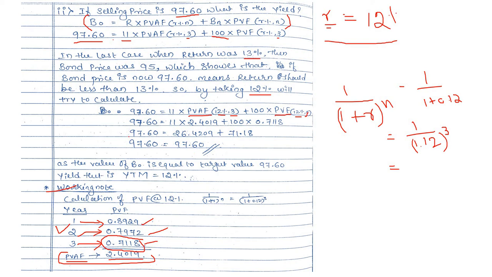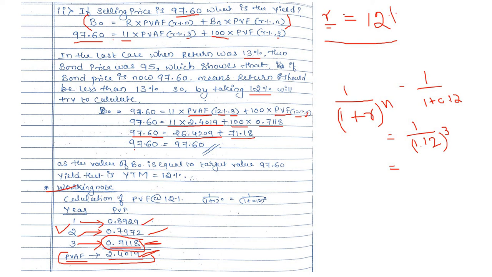Now come to the formula. 97.60 as it is, equals 11 into PVAF, which we calculated as 2.4019, plus face value 100 into the third year PVF, 0.7118. So 11 into 2.4019 is 26.4209, plus 100 into 0.7118 is 71.18.